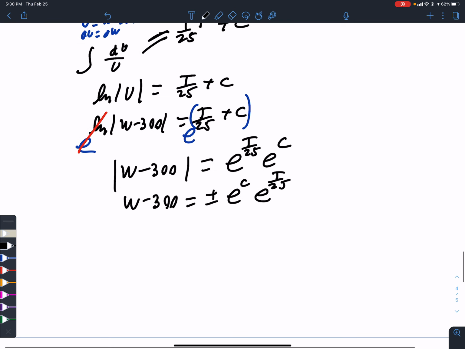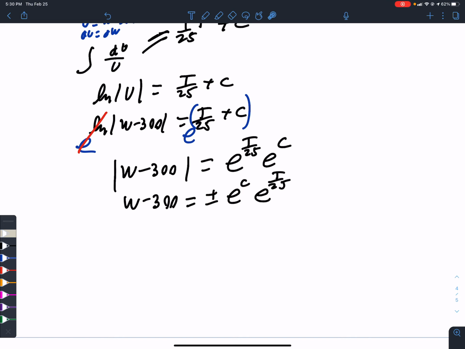Now, here's my wild and bold step. C is just a constant. E is just a constant. So that's just another constant. And it could be positive or negative, and the only difference is you'd have different graphs, one above the x-axis, one below the x-axis, so they represent different particular solutions.